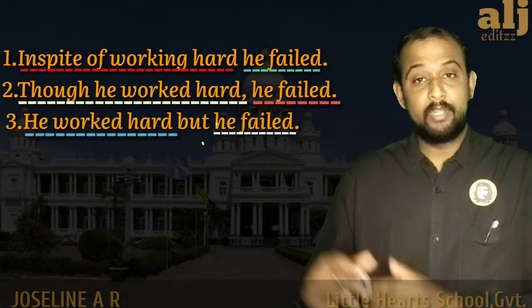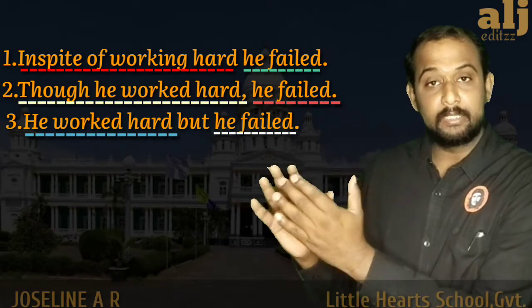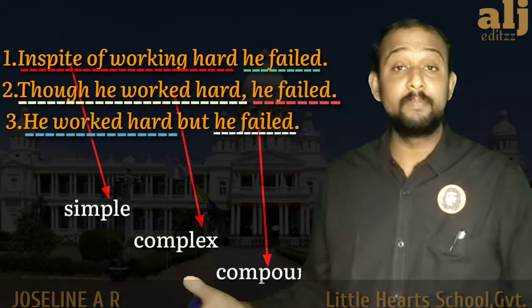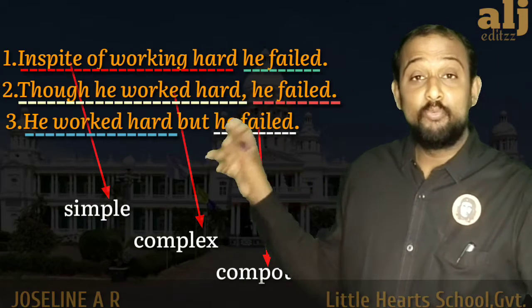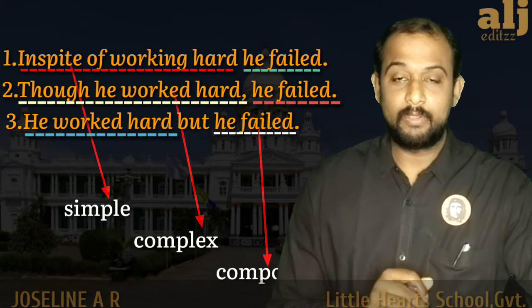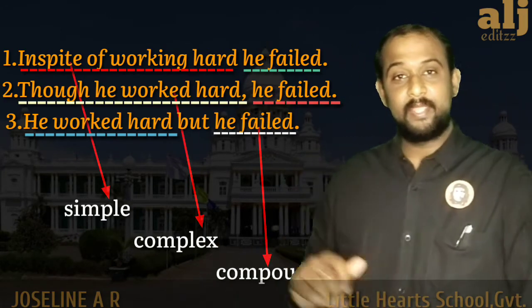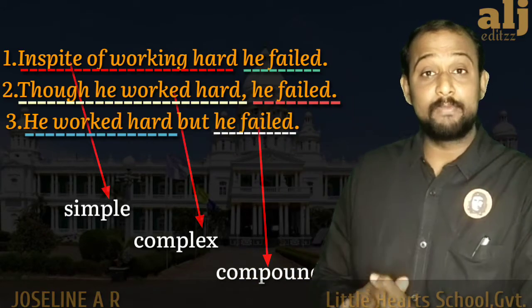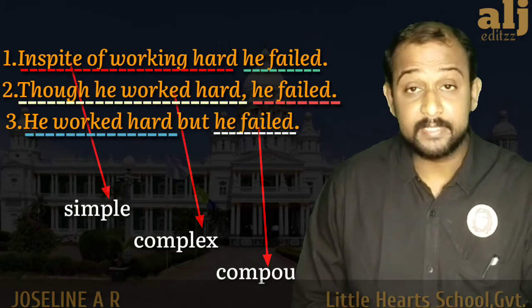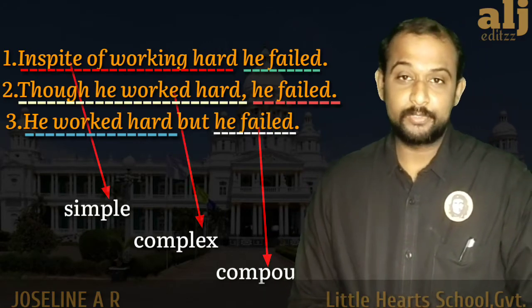Got the point here? So when a clause is introduced by a subordinator, it becomes a dependent clause, and when such clauses are present in a statement, the statement becomes a complex sentence. And when we have only main clauses, as in case 3, we call such sentences compound sentences. Okay, so complex sentences have subordinators and compound sentences have coordinators. That's the main difference. Got the point, dear students?